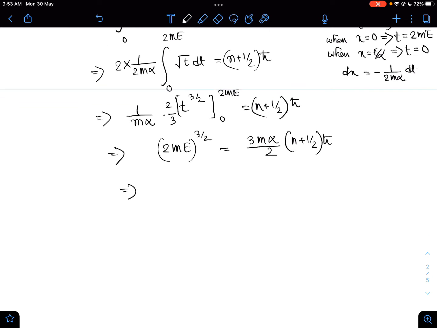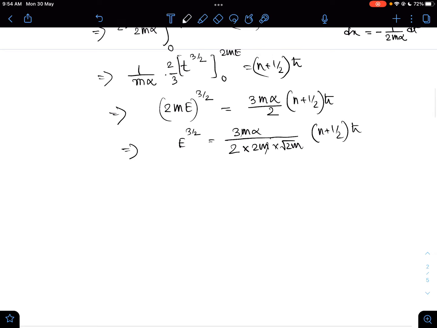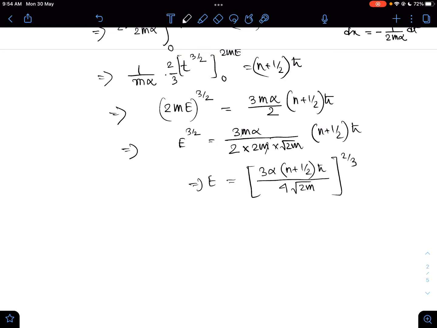So from here we can write E to the power 3 by 2 as 3m alpha by 2 product with 2m and root under 2m. So we have an m term cancelled out. So we basically have 3 alpha n plus half h cut by 4 root under 2m, to the power 2/3. So that is our energy value.